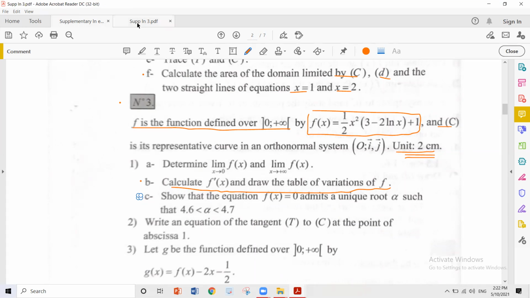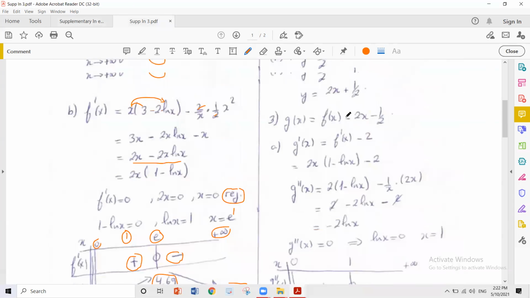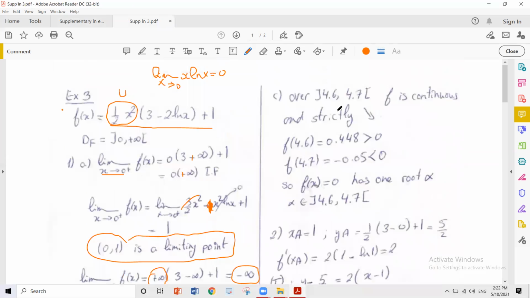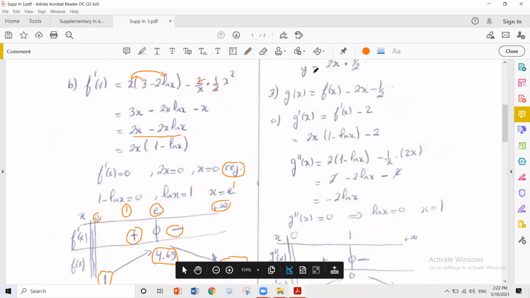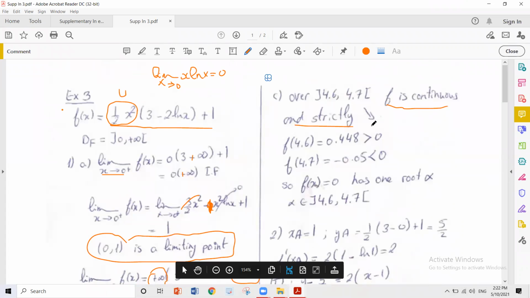One of them is negative and the other is positive. 4.6, 4.7 اللي هن greater than e, f is continuous and strictly decreasing. من التيبل ال 4.6 بيجي بعد ال e هون. f is continuous and decreasing.